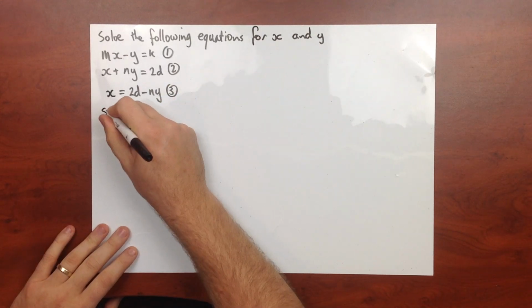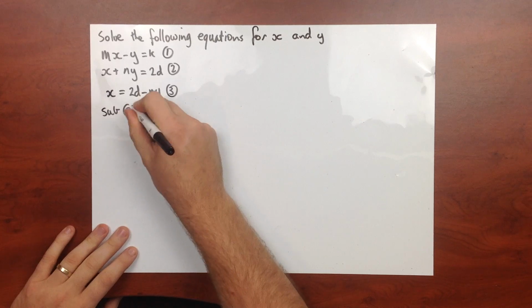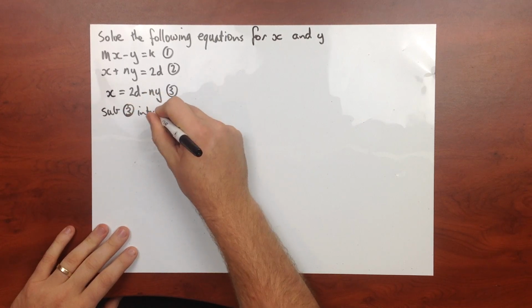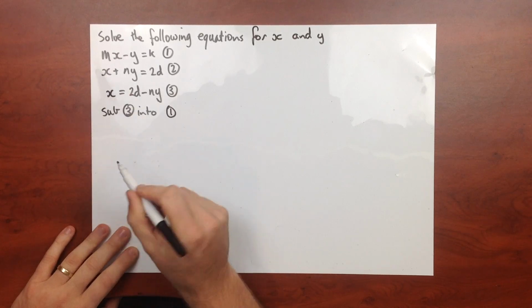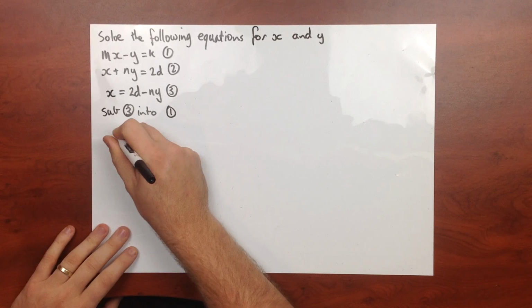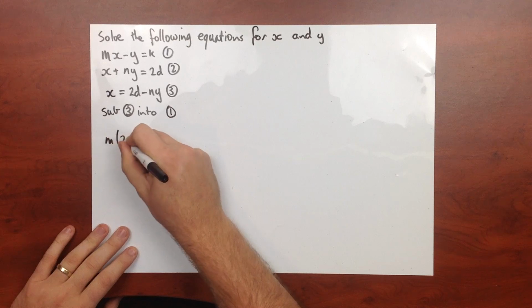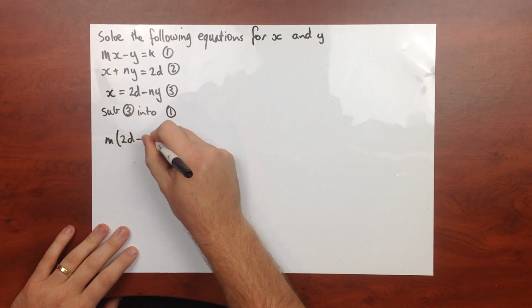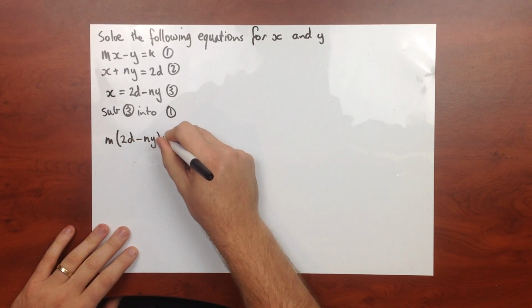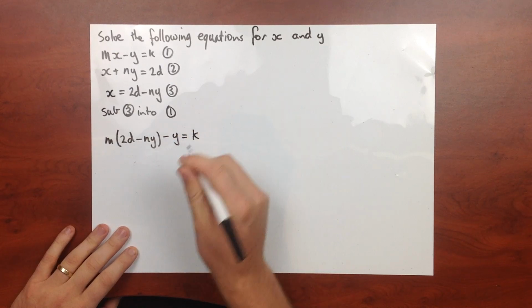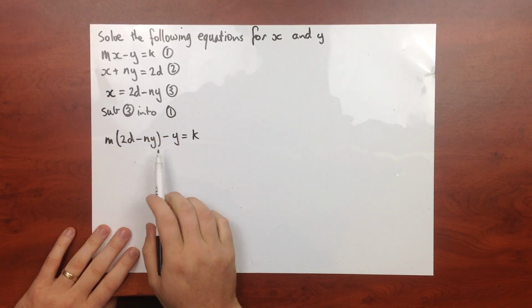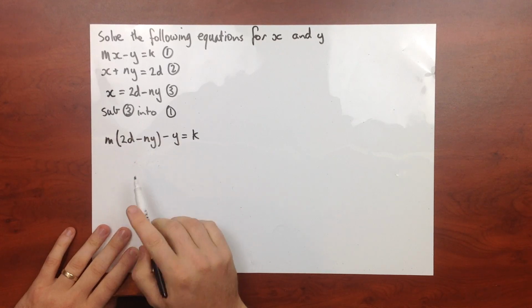Now I'm going to sub equation 3 into equation 1. For x, I'm going to replace my x with all of this. So I'm going to have m outside of 2d minus ny, minus y equals k. Now I've got to get this down just to y, so I'm going to expand these brackets out.